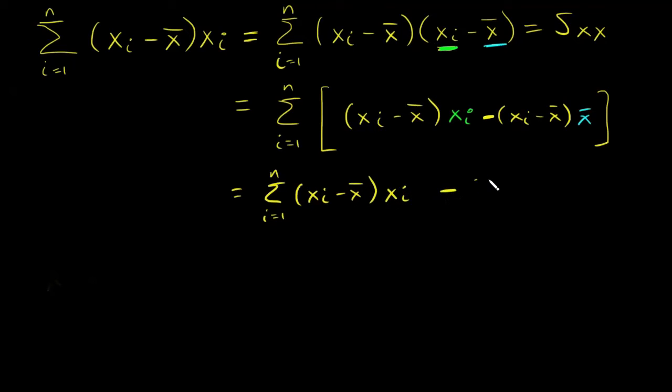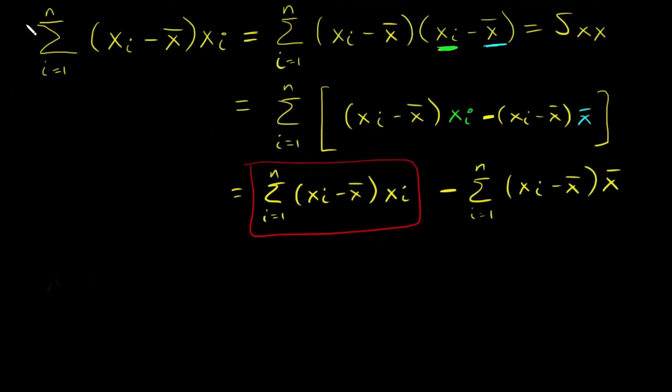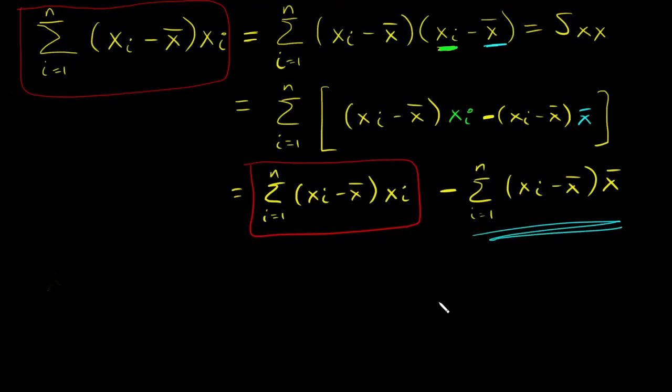And then I have minus the sum from i equals 1 to n of (xi minus x bar) times x bar. Now I see this first piece is the same as the left side, right? So I've almost shown this equality is true, except I still have this piece out back. So what's going on with this piece out back? This must be equal to 0.